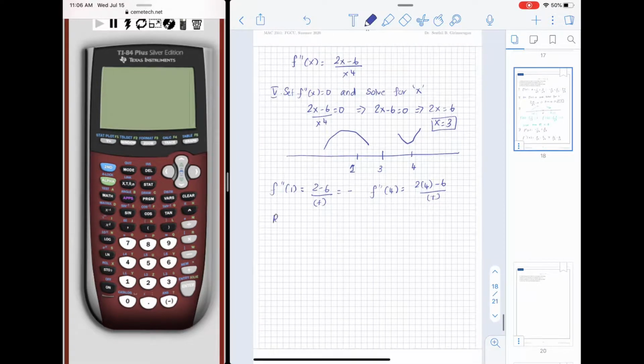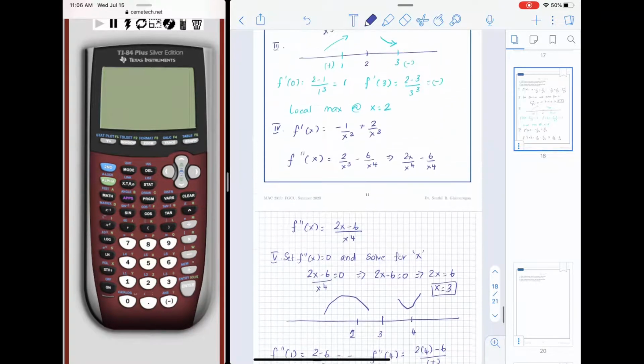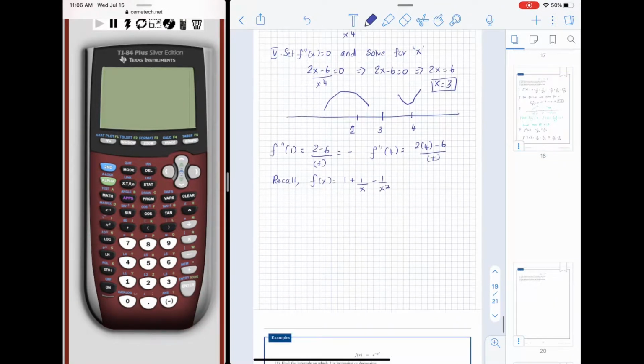So recall f of x is equal to 1 plus 1 over x minus 1 over x squared. Find the common denominator, so we will have x squared over x squared plus x over x squared minus 1 over x squared. So the common denominator is x squared, and we have x squared plus x minus 1.